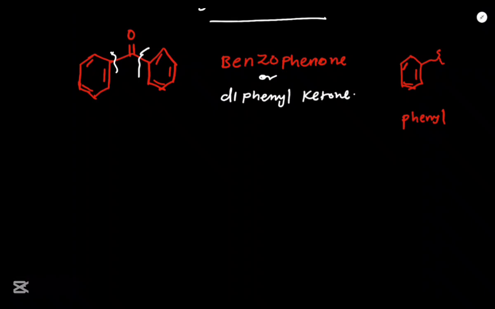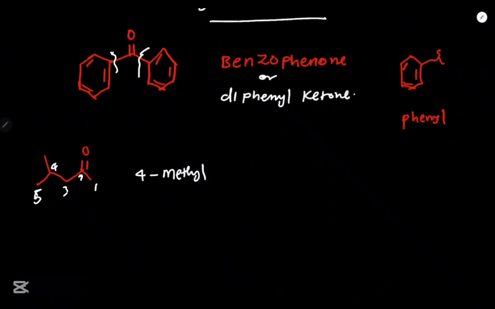What if you are provided with this simple product like this? So as usual, you start numbering. So it's 1, 2, 3, 4, 5. So side group position 4, we have a methyl.